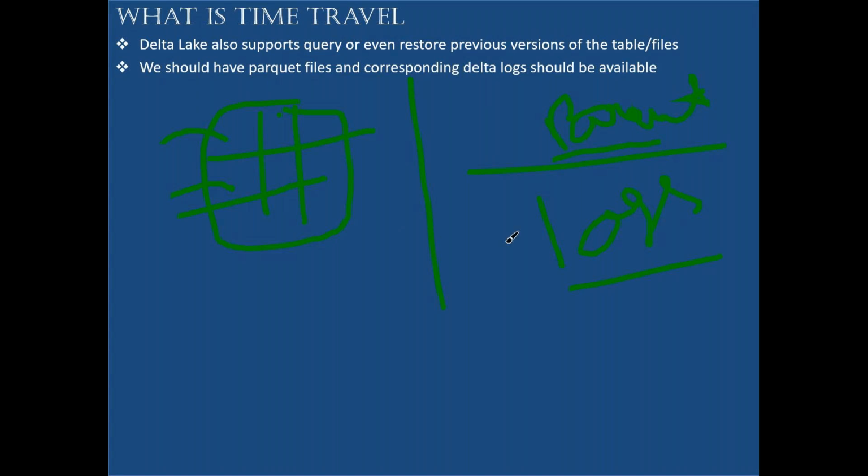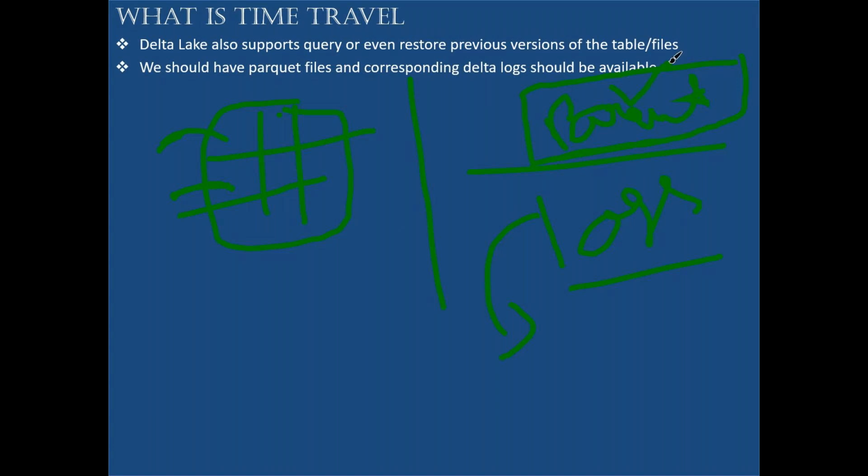Let's say you inserted the data, so parquet files are created. Now you deleted the data from this table. Logs will be generated saying that these particular records are currently marked for deletion. It will be just marked as deleted, but the actual parquet files will not get deleted.